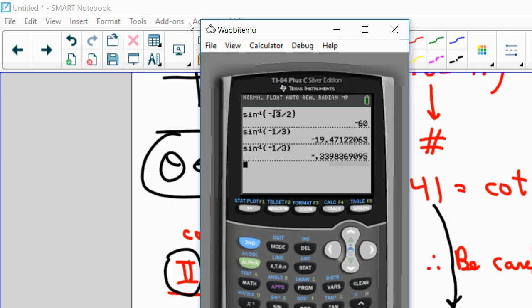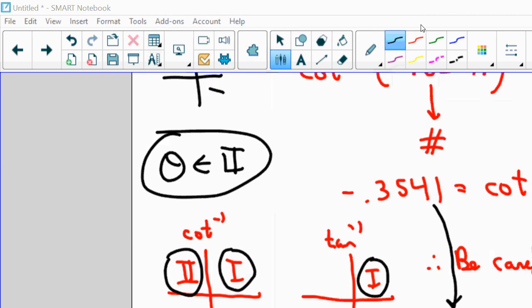If you reciprocate, and what's the reciprocal key? Negative 0.3541 reciprocate. Negative 2.824061. Theta equals inverse tangent of negative 2.824061 of the last answer.